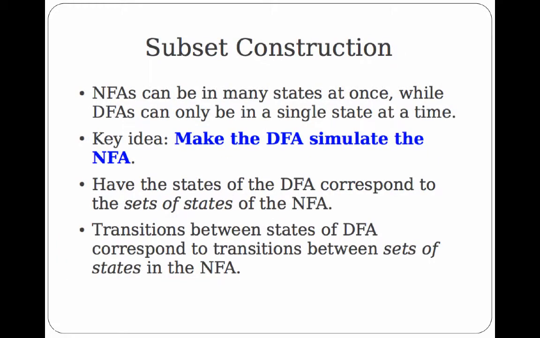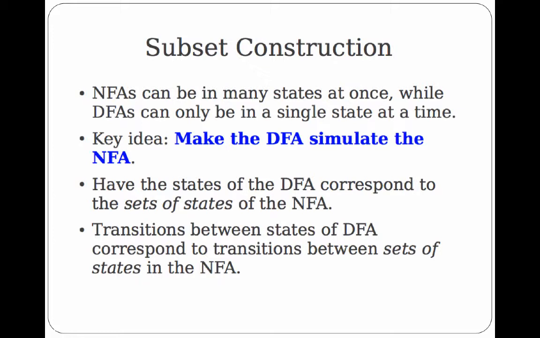So here's how we can convert from an NFA to a DFA. Remember that NFAs can be in many states at once, while DFAs can only be in a single state at any time. A key idea in this simulation, which we've already seen, is to make the DFA simulate the NFA.